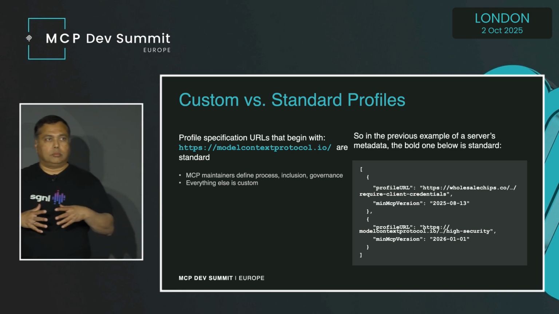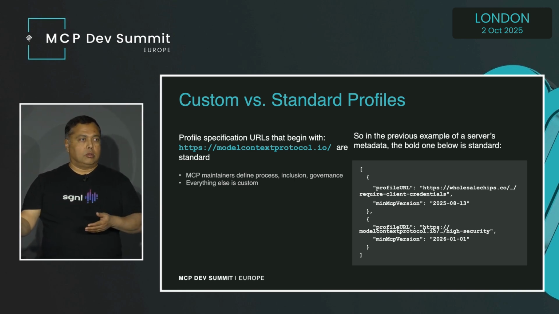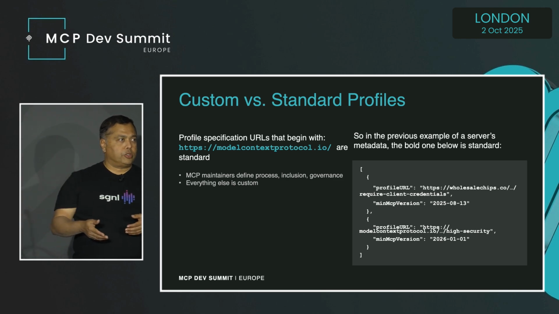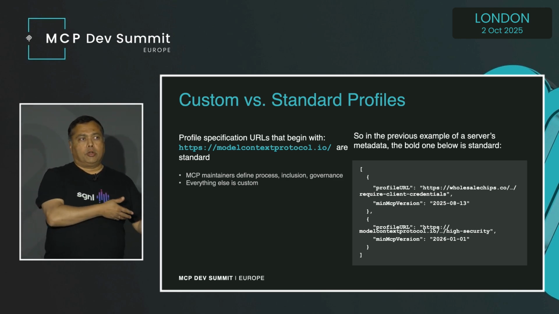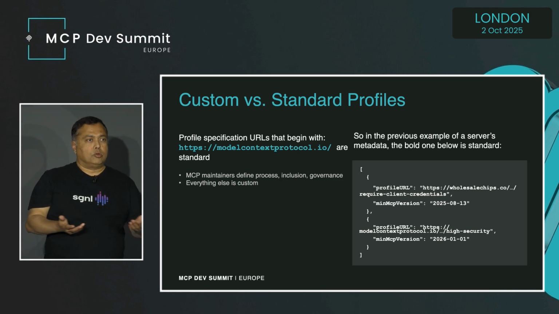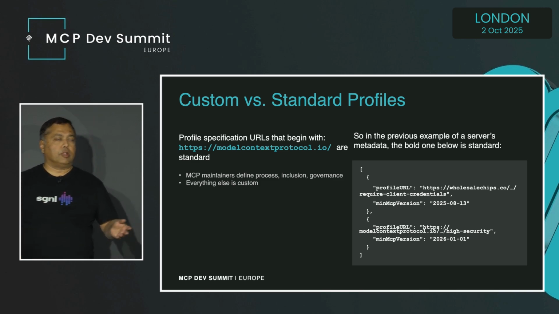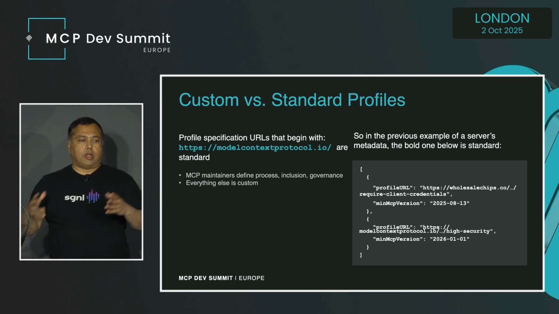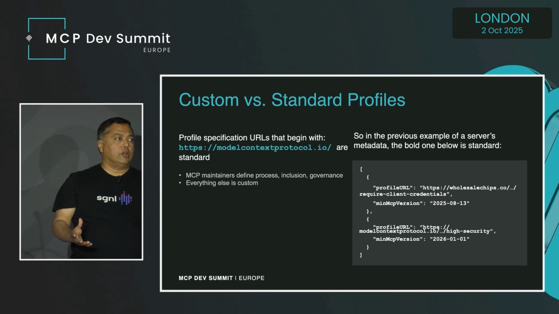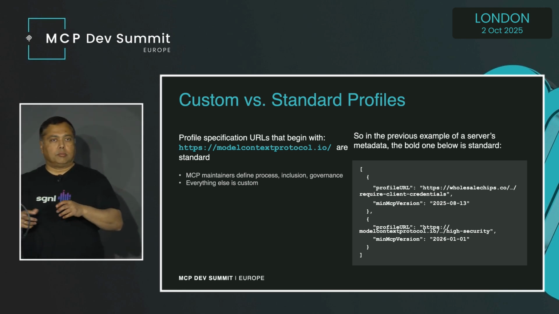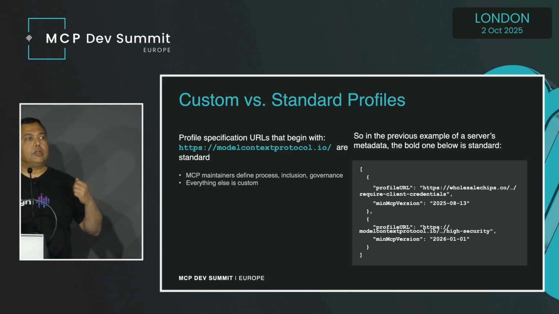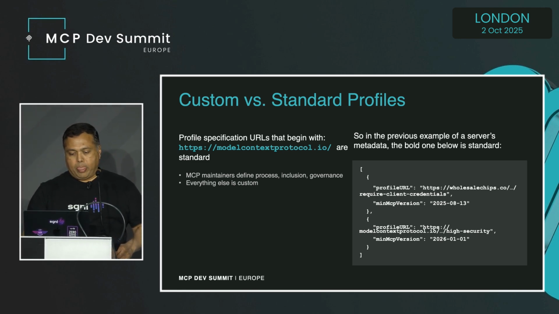But let's say in some other use of MCP, I as a consumer want to use some video streaming service. I don't care about the high security profile, and so that client might just ignore the existence of that profile. So in this way, you're adding something to the spec that is completely optional, but it is something that everyone agrees on as a standard thing to do, right?